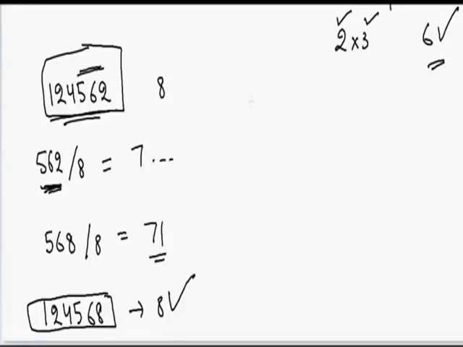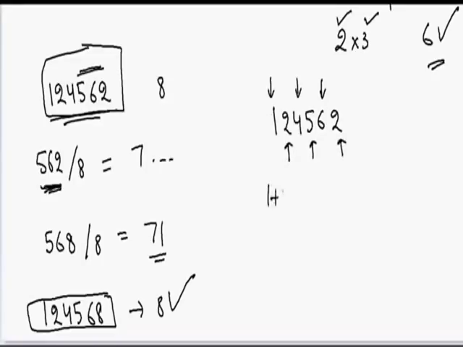Now let's talk about divisibility by 11. So if I have 1 2 4 5 6 2, and I want to find out whether this number is divisible by 11, I'll take the alternate digits. So 1, this number, and this number, I take these and add them together, and then I take the other digits and add them together.